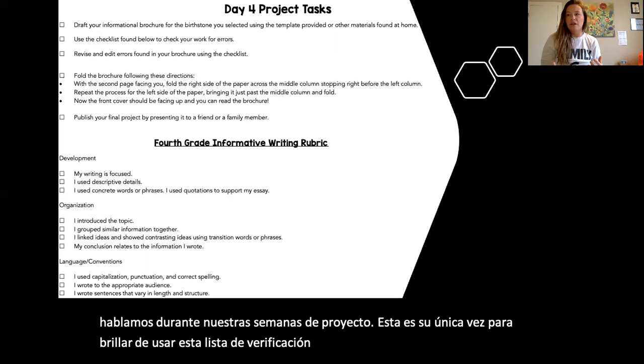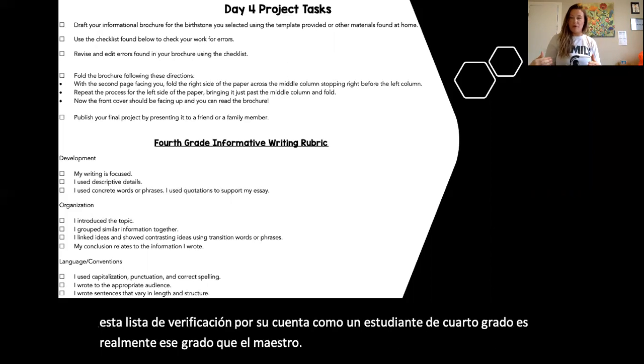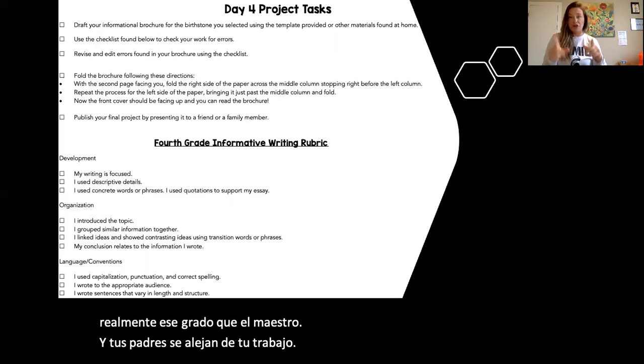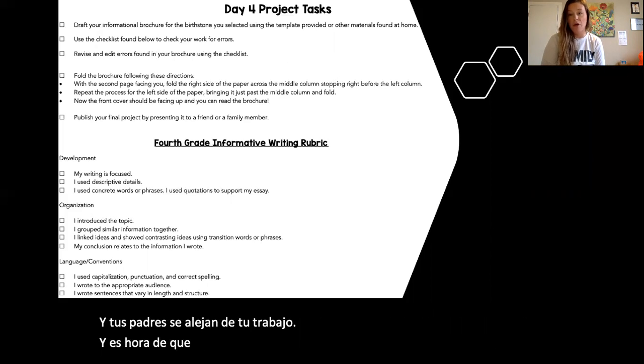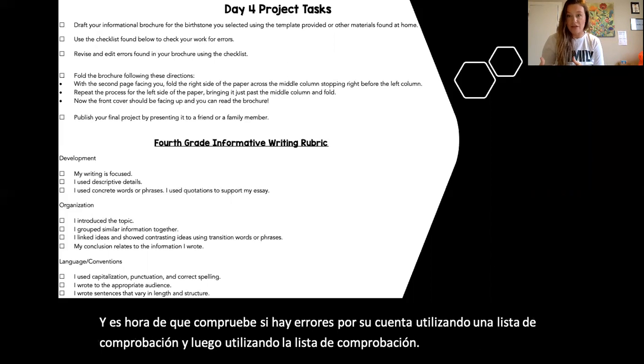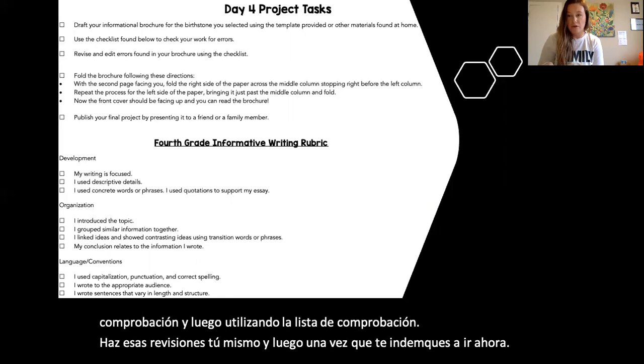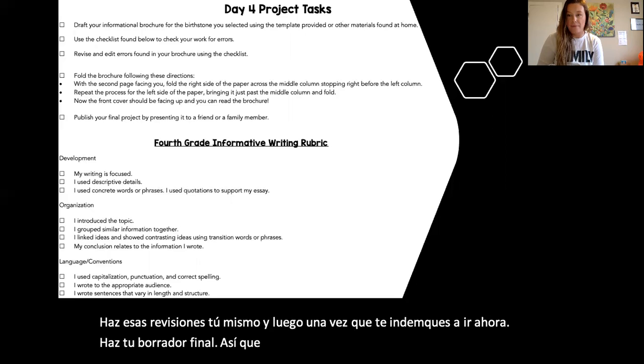As a fourth grader, this is really the grade where the teacher and your parents kind of come away from your work, and it's time for you to check it for errors on your own using a checklist. And then using the checklist, make those revisions yourself. And then once you make them, you're going to do your final draft, a brand new draft with those revisions and those improvements.